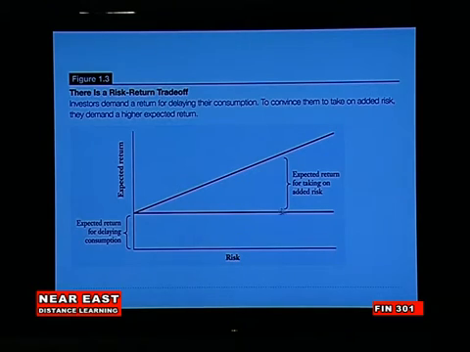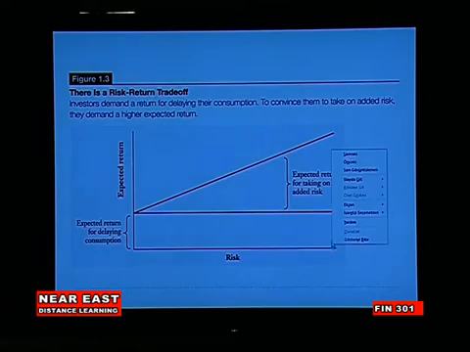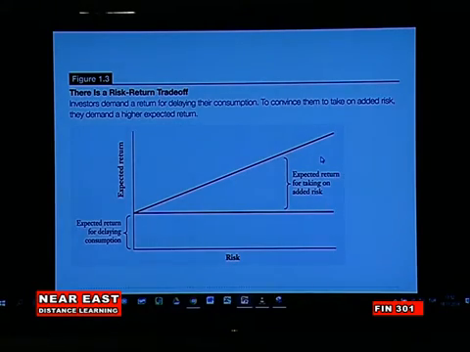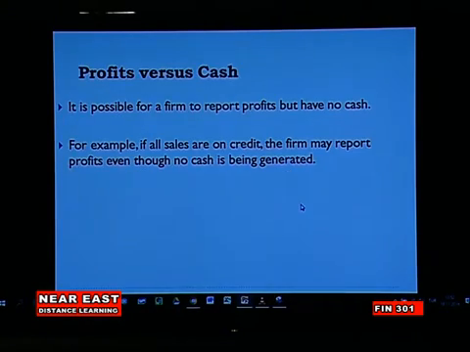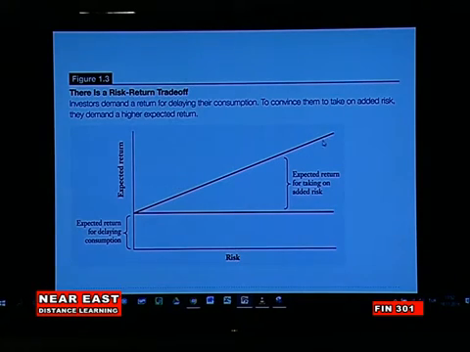If we have high risk, there is a high expected return, while if there is low risk, there is a low expected return. Extra risk, extra expected return.